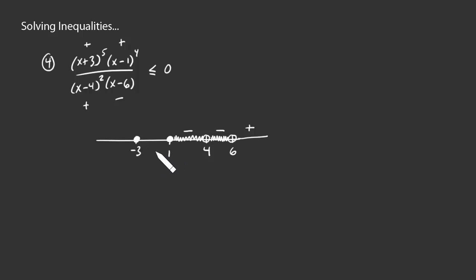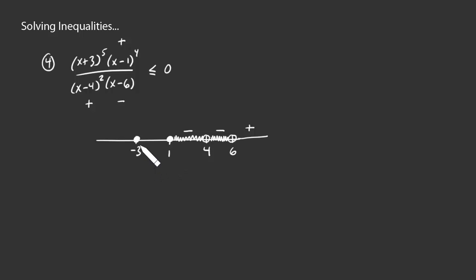Looking at the next interval, from negative 3 to 1, if we do the sign analysis, if I subtract 6 from these things, it's got to be a negative, right? Even 0.9999 minus 6, still negative. This thing is always positive. This thing is always positive. X plus 3 to the fifth. Well, let's see.